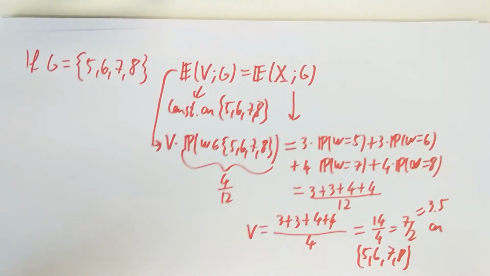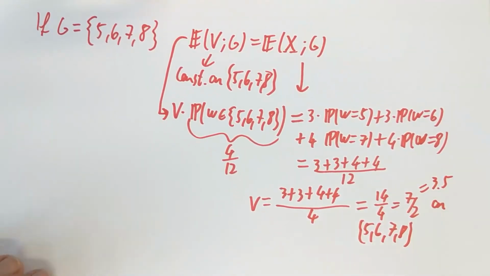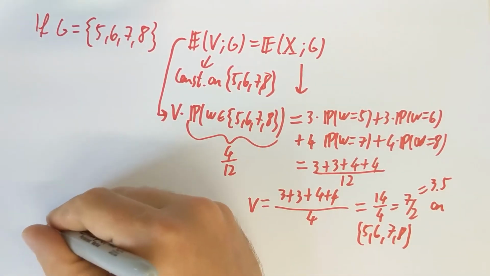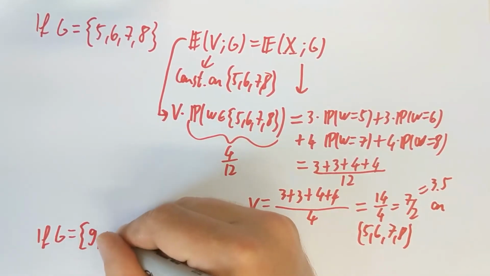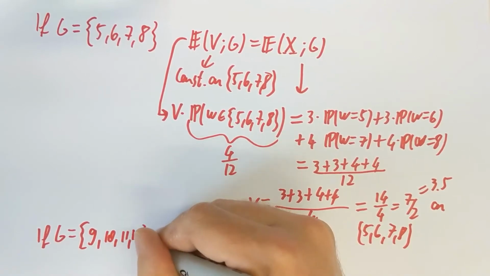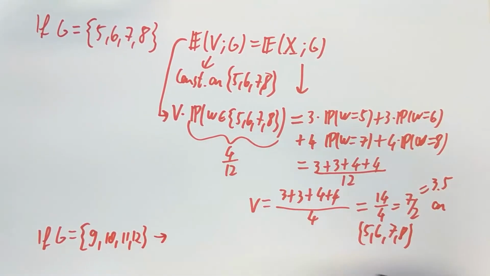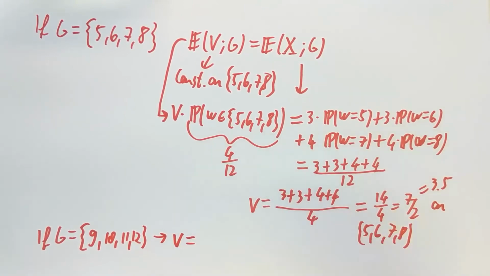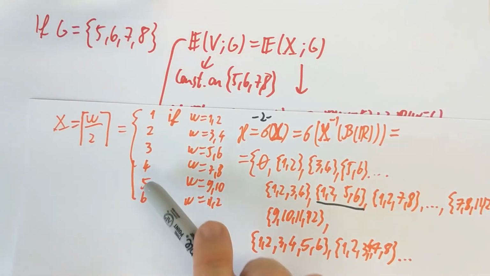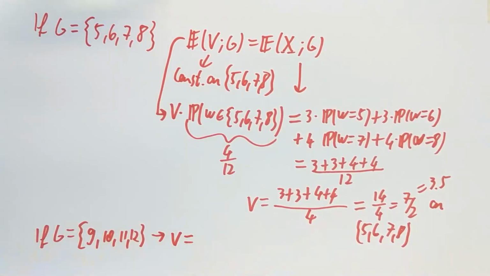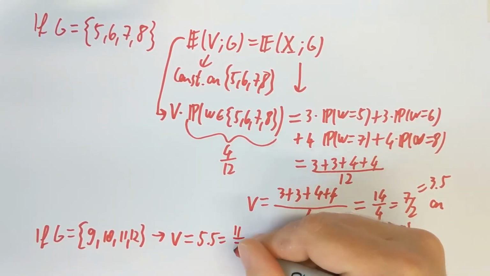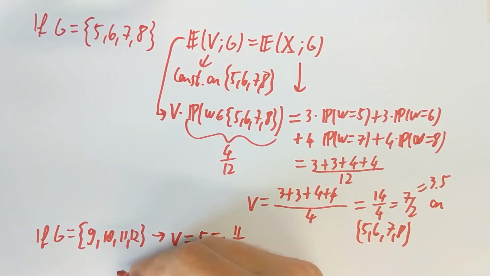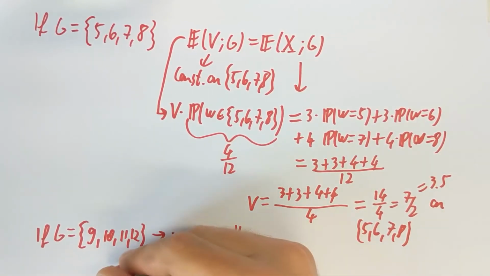And in a very similar way, if I do now the next elementary or simplest case, 9, 10, 11, 12, I'm not going to do the calculation, then V is going to be a constant on there, and V is going to be which constant? Well, if you do the calculation again, it's halfway between 5 and 6, so it's going to be 5.5 or 11/2 on there.